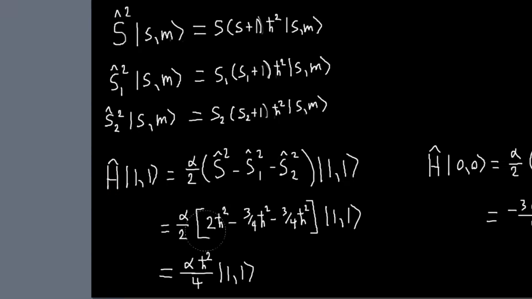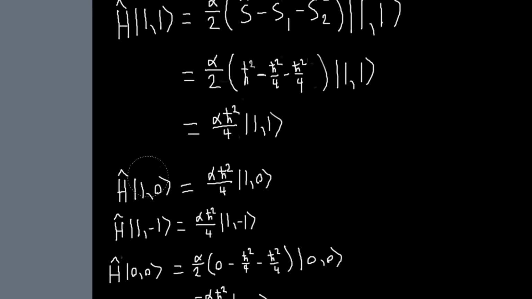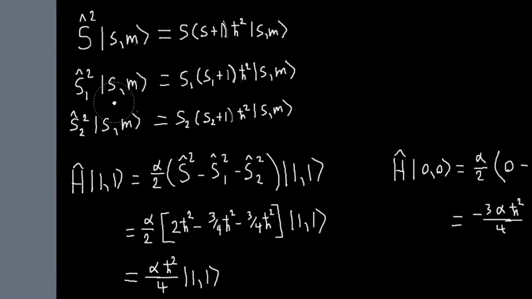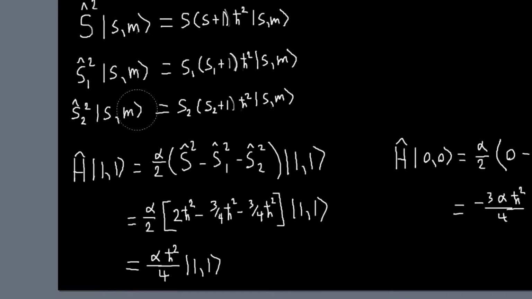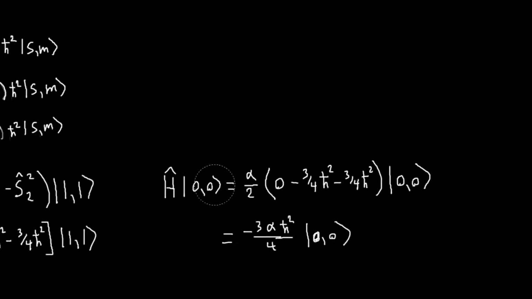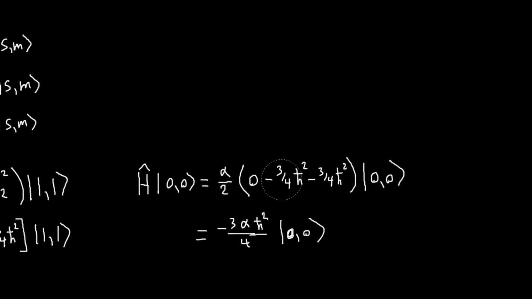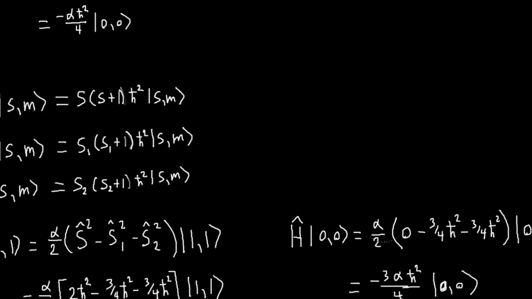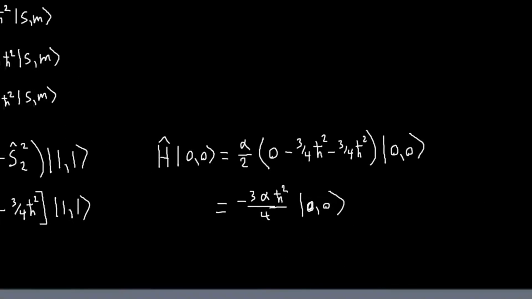Similarly, because the states 1,0 and 1,-1 have the same total angular momentum, they will work out the same way. So again, you'll get alpha h bar squared over 4 for those two states. And this time, if we calculate the eigenvalue of our 0,0 state using the correct eigenvalues, you will find what we found before: minus 3 alpha h bar squared over 4.